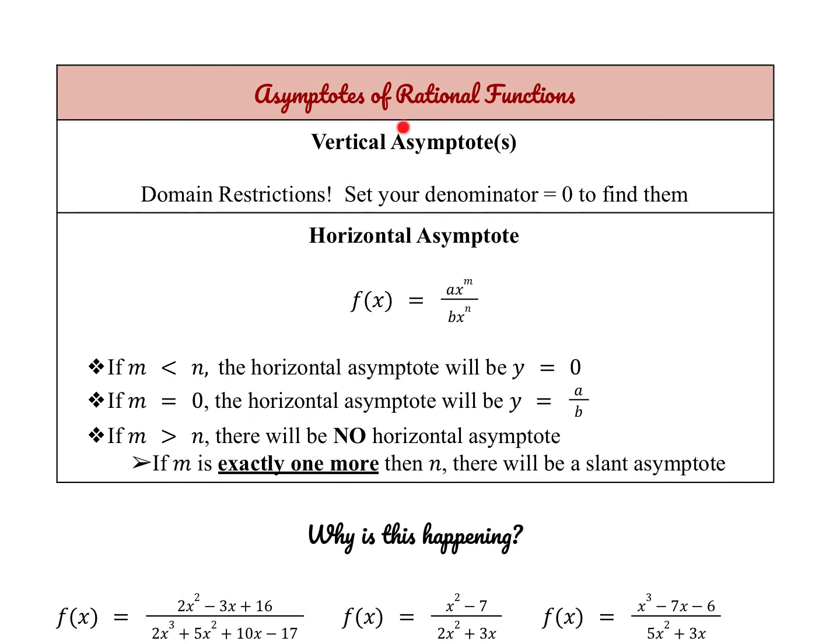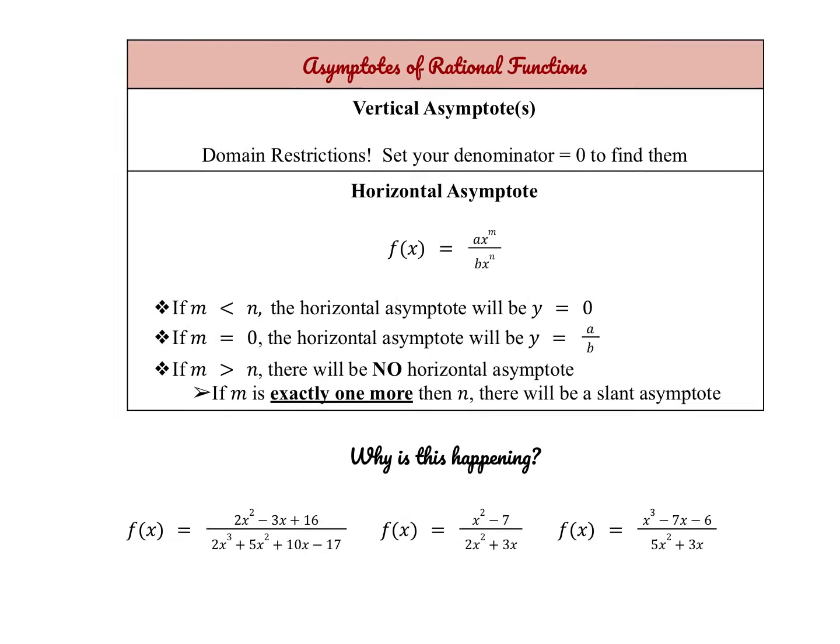So for our vertical asymptotes, those are going to occur at domain restrictions. So essentially wherever x cannot equal, you're going to see a vertical asymptote. And for a rational function, which is just a fraction, the only restrictions we have are when your denominator is 0. So if you set your denominator equal to 0, you can find your domain restrictions.